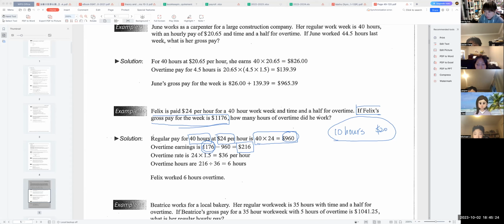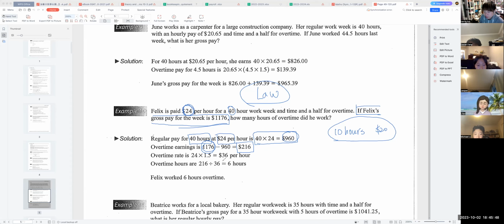Because we know his regular hourly pay is $24. But when it's overtime, because everybody is only supposed to work 40 hours per week. Understand, Michael? This is the law. The law says you're only allowed to work 40 hours a week. But obviously, this Felix is working more than 40 hours.